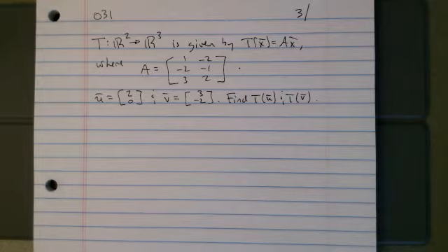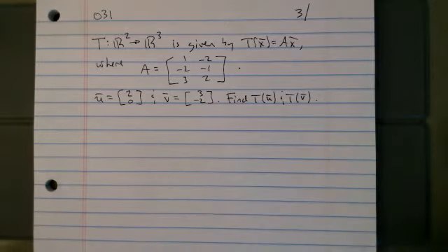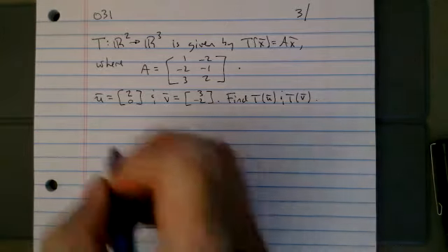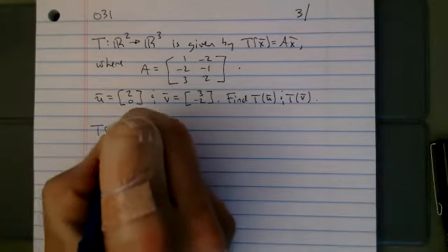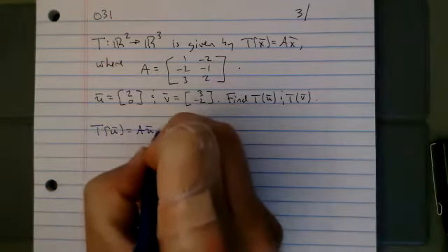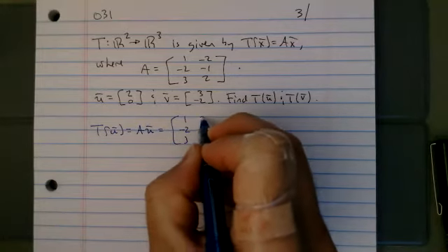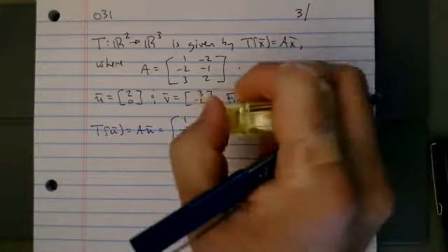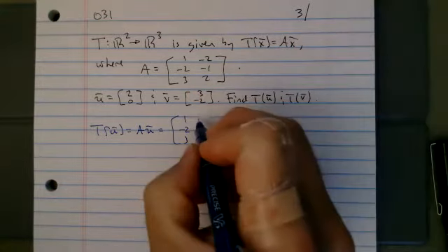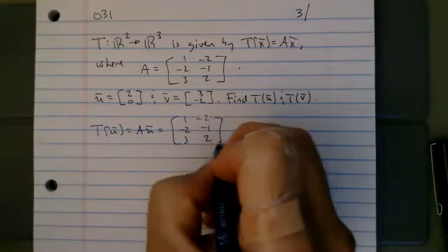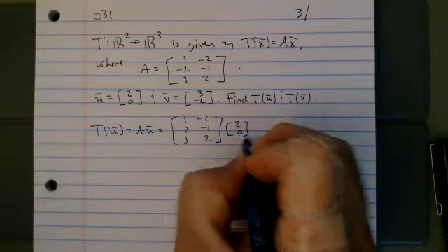So all that we want to do here is run these vectors through the transformation. So T of U is just going to be A times U. So it's just going to be this matrix, 1, -2, 3, 2, -2, -1, 2 times 2, 0.